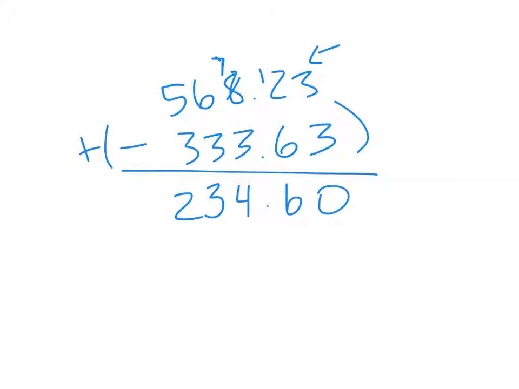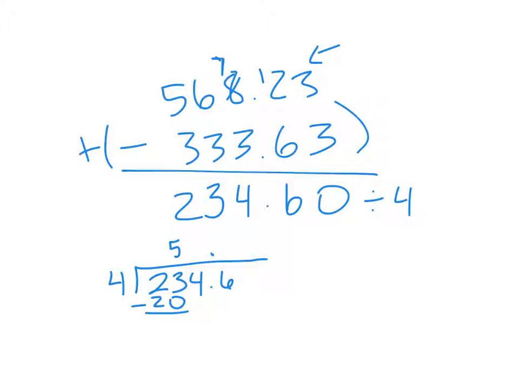What do we need to do? Divide by what? 4. So let me see if I can fit this on the screen. 4 divided into 234.6. Can 4 go into 2? No. Can 4 go into 23? How many times? 5. Yep. Subtract 20 and I get 3, bring down my 4. Can 4 go into 34?